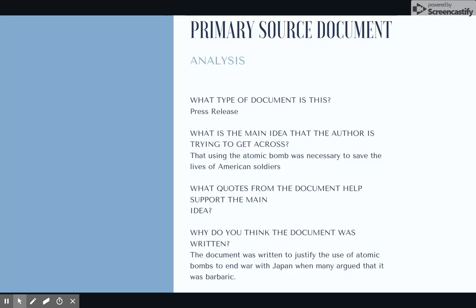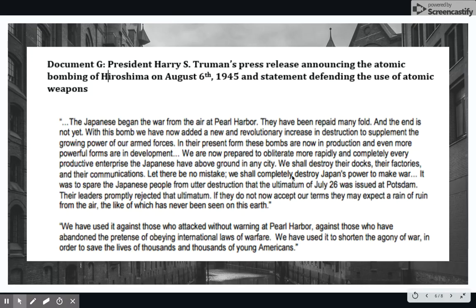So the type of document that we just looked at is a press release, and we can see that right here: President Harry Truman's press release announcing the atomic bombings of Hiroshima and a statement defending the use of the atomic weapons. So just from this topic right here, we can see what type of document it is, and we can also get an idea of what the main idea is.